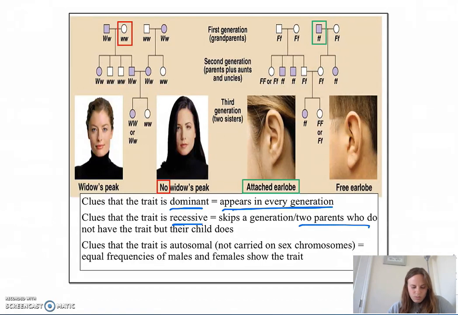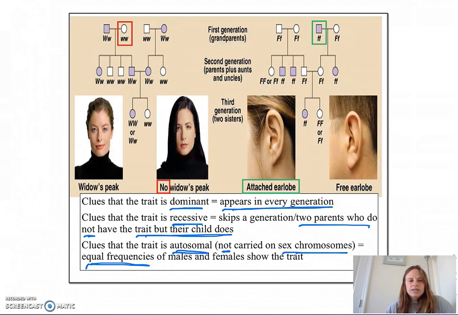So two parents won't have the trait, so two parents will have unfilled shapes, but their child does have the trait, so the child will have a filled in shape. Clues to show that it's autosomal, meaning it's not carried on the sex chromosomes: well, you've got approximately equal frequency of males and females that show the trait.